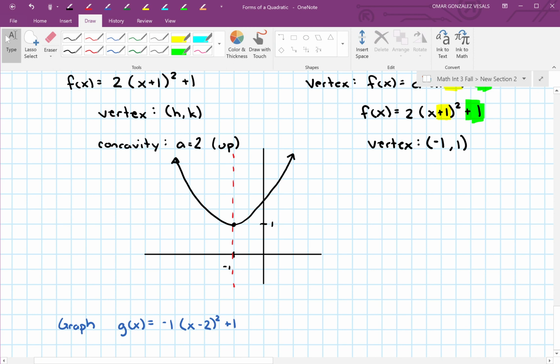Give you guys about 2 minutes, 3 minutes to do that one. All you gotta do is get your vertex. That's the hardest thing here. Get the vertex and which way it opens up. Which way? f of x equals 2 parentheses x plus 1 squared.